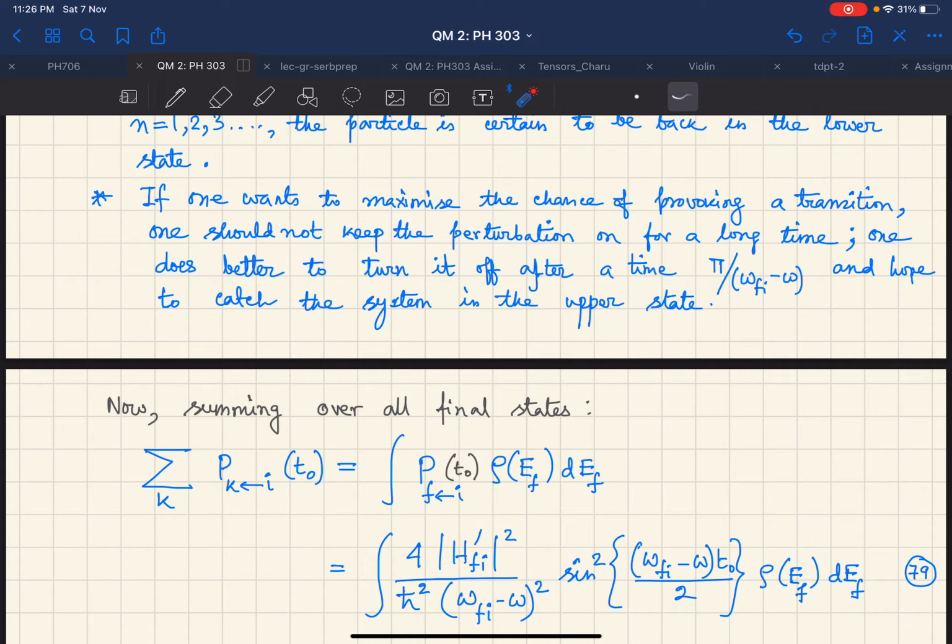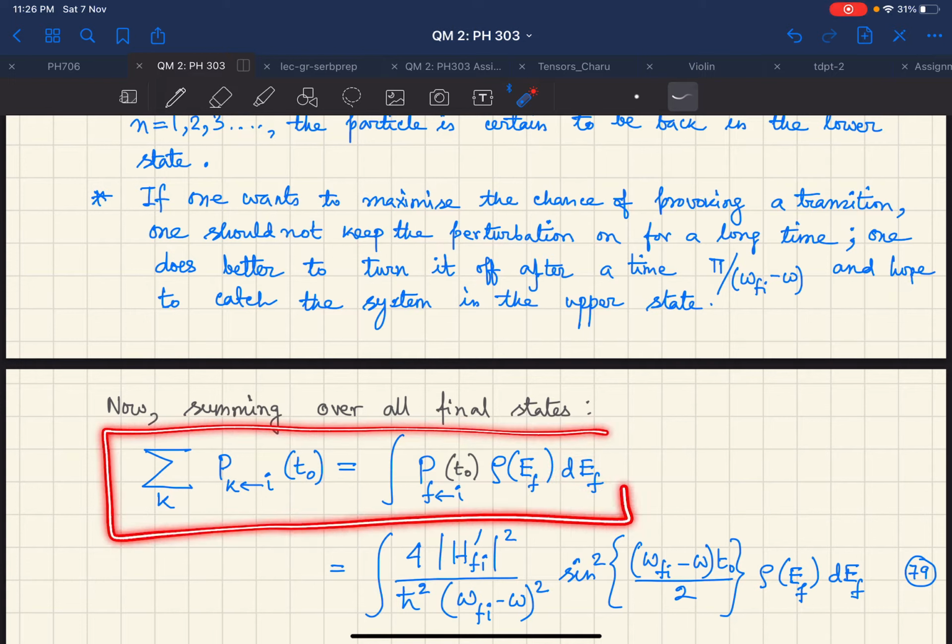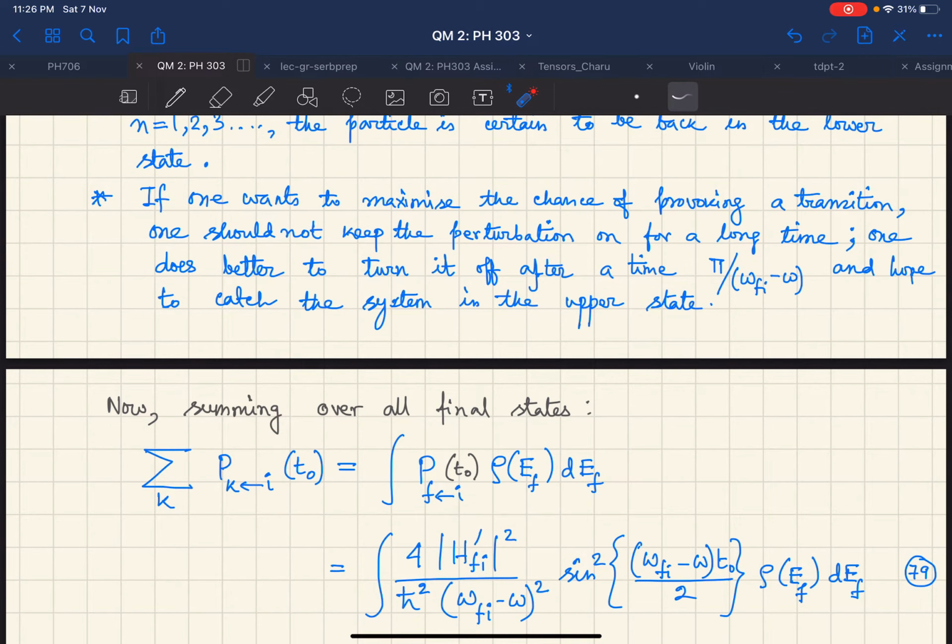And you know already how to do that, because you have some integral with some function of momenta sitting here, and then you will have the density of states within the energy range dEF. So that is the prescription which I had given to you in one of the earlier classes.